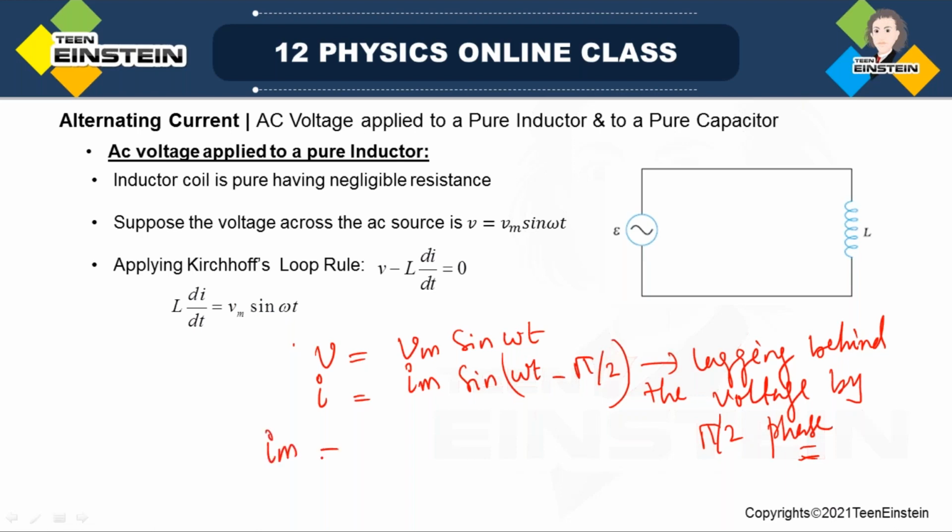And what is Im? Im is written as Vm, amplitude of the voltage, divided by inductive reactance, which is nothing but omega into L. So this is what we have learned. We have learned what is inductive reactance, and inductive reactance has SI unit ohm.